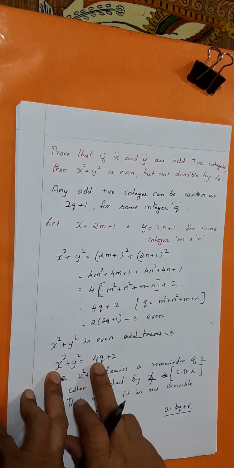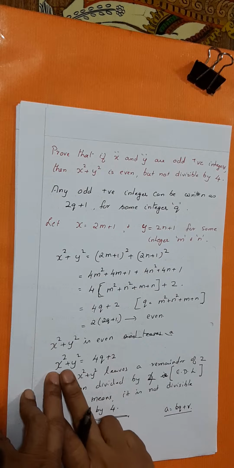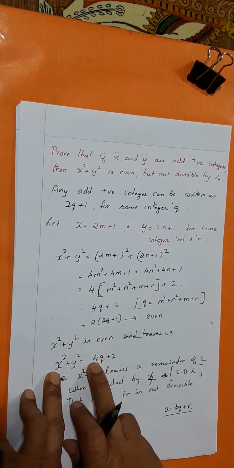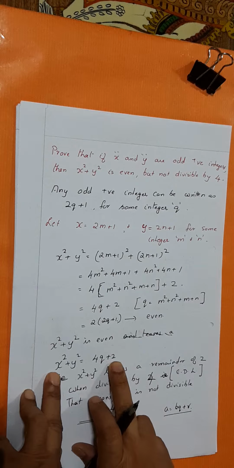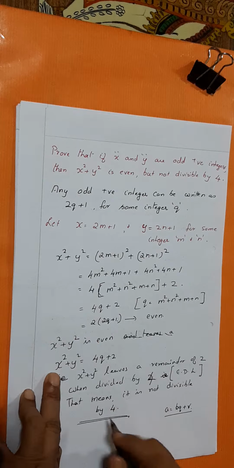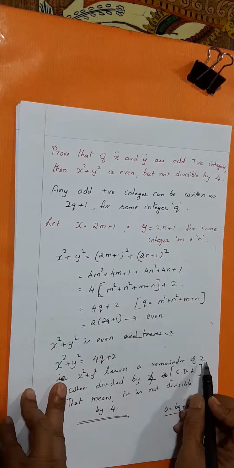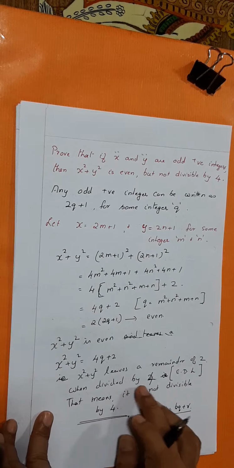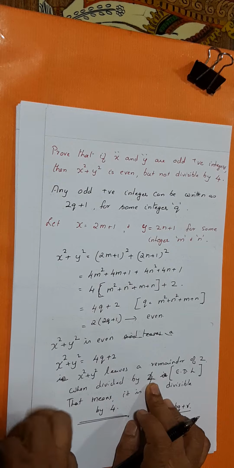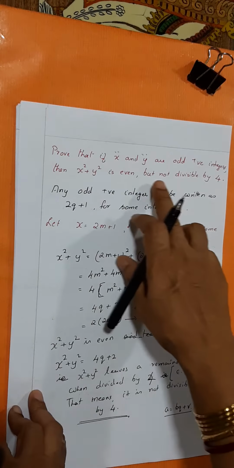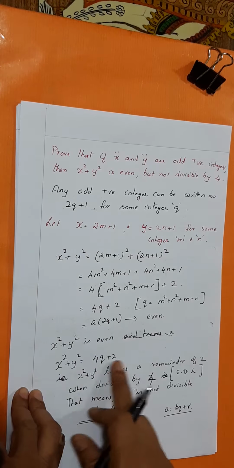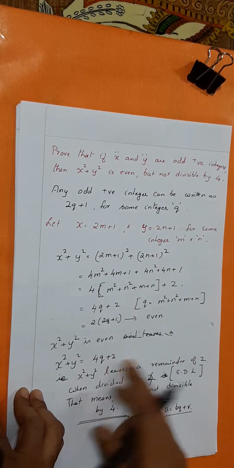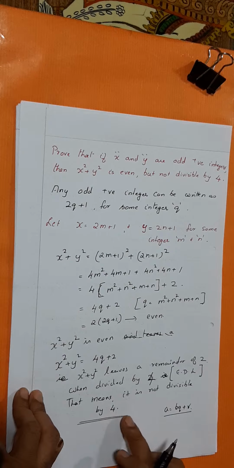So here you are writing 4q plus r, that means when x squared plus y squared is divided by 4, you get a remainder of 2. So x squared plus y squared leaves a remainder of 2 when divided by 4, that means it is not divisible by 4. That's what we have to prove. So we have proved, since it is giving a remainder of 2, it is not divisible by 4.